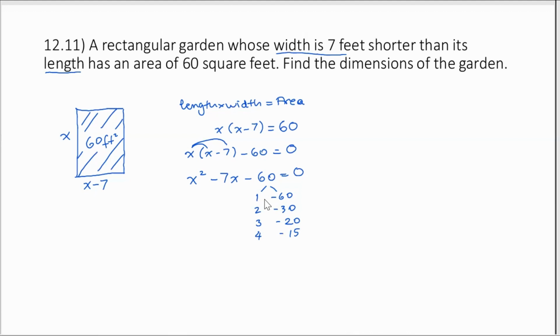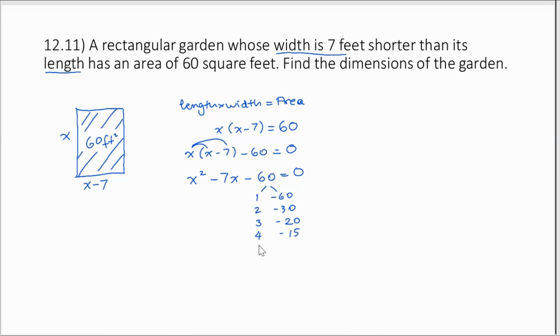Let's add all the factors. 1 plus negative 60 is negative 59. 2 plus negative 30 is negative 28, which doesn't give us the middle coefficient. 3 plus negative 20 is negative 17. 4 minus 15 is negative 11.